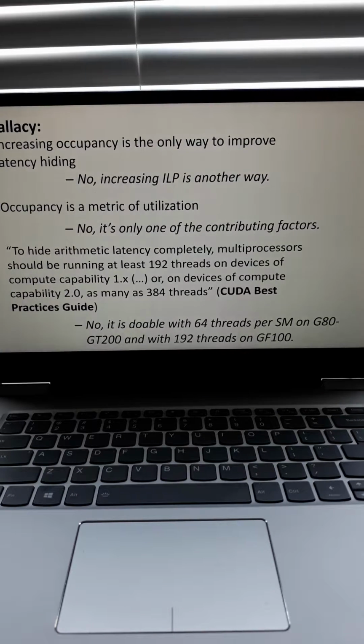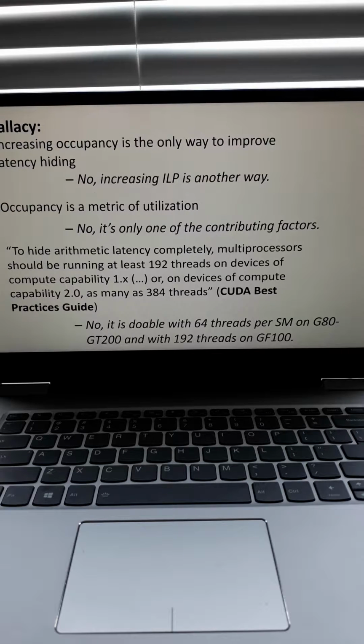Let's take a look at the fallacies over here. People believe, or this was a common misconception, that increasing occupancy is the only way to improve latency hiding, but it's not. We can also increase ILP and achieve the same. Occupancy is not the metric of utilization, but it is a contributing factor.